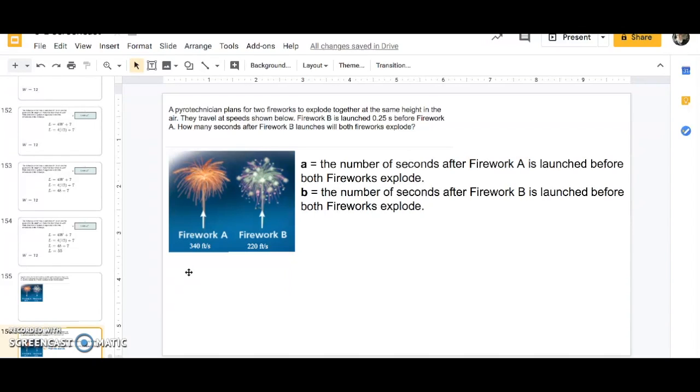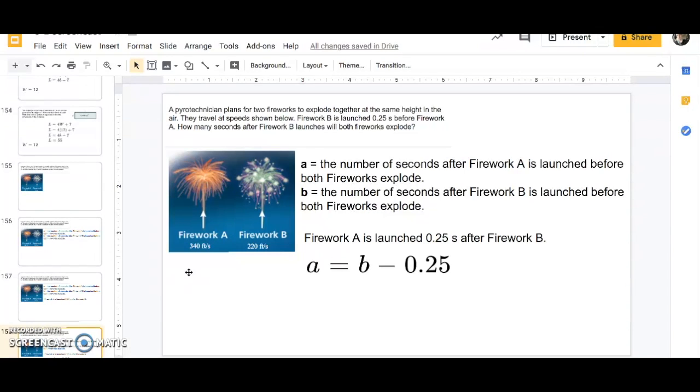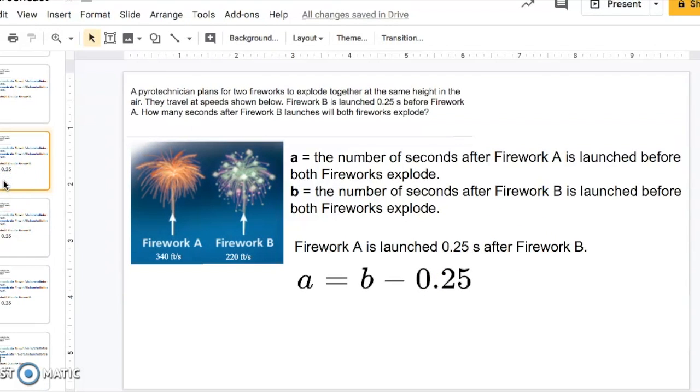Now, we're told firework B is launched 0.25 seconds before firework A. We can reword that and say that firework A is launched 0.25 seconds after firework B. So writing our equation in terms of A, A equals B minus 0.25 seconds, because firework A is launched 0.25 seconds after firework B. Okay, for my second equation, we gotta remember that distance equals rate times the time.